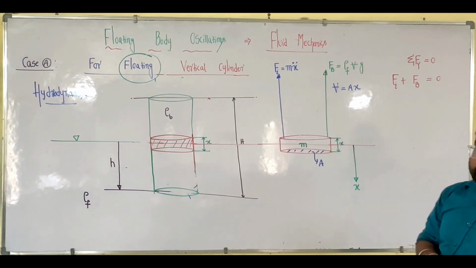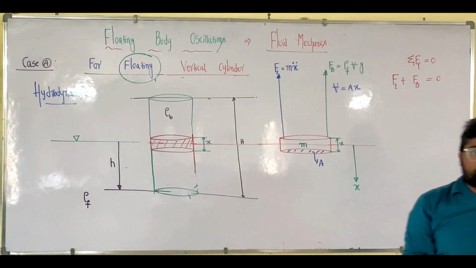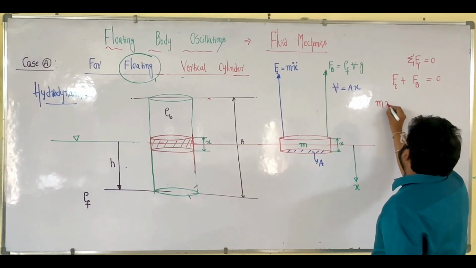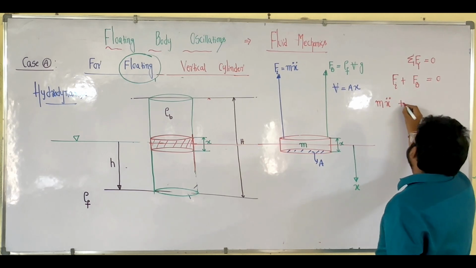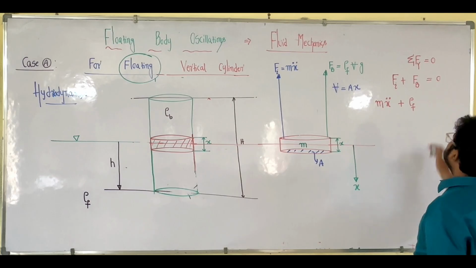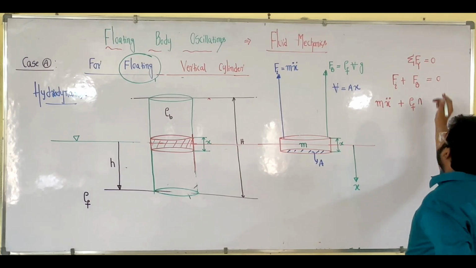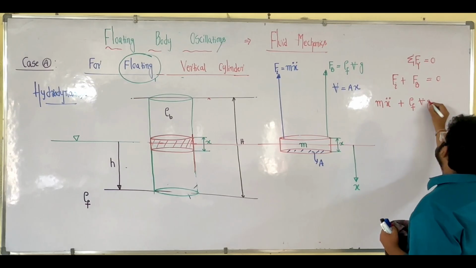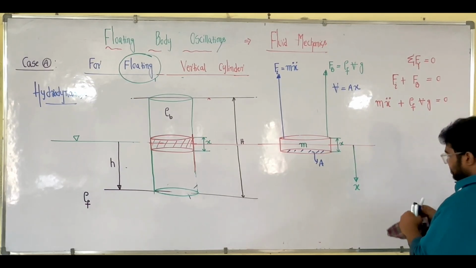In this case, buoyant force acts as the restoring force, the spring force. m x double dot plus density of the fluid into A, volume of the fluid displaced, into g equals 0.